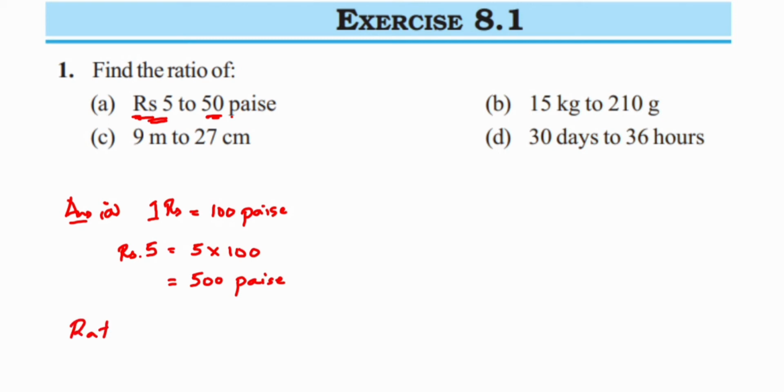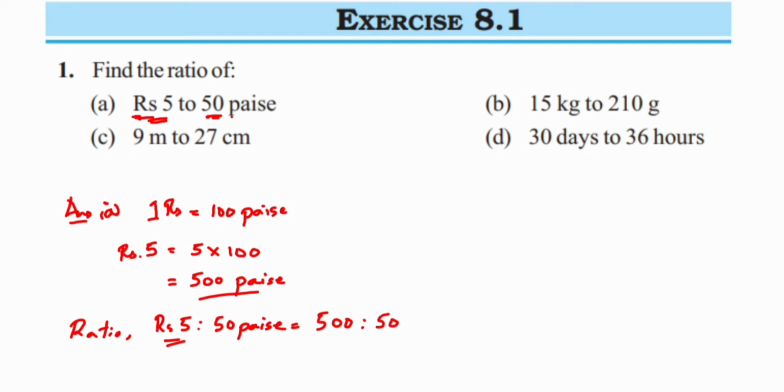The ratio of rupees 5 and 50 paise will be, instead of 5 rupees, 500 paise. So 500 is to 50. Remember, whenever you're writing ratios, we don't mention the units.